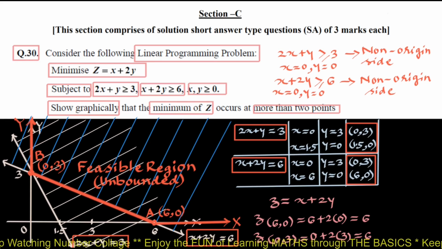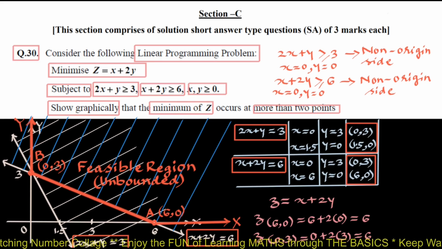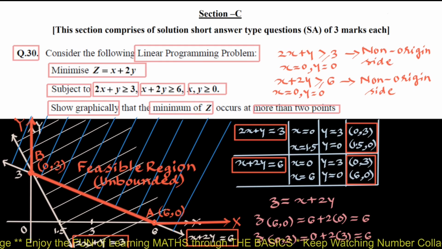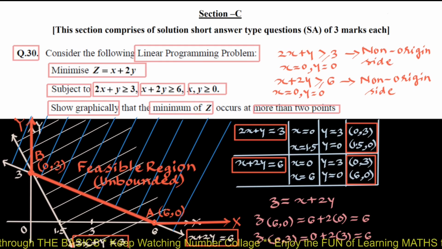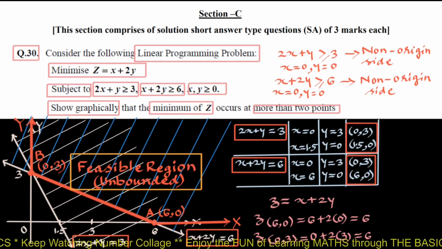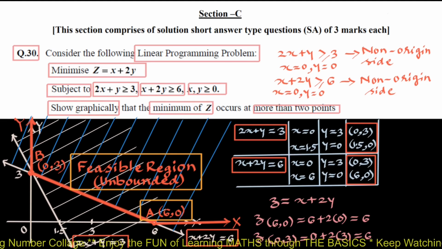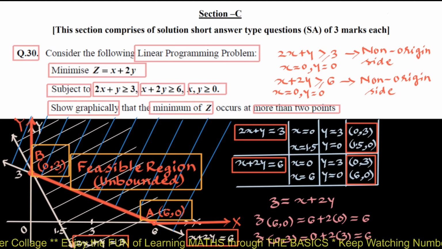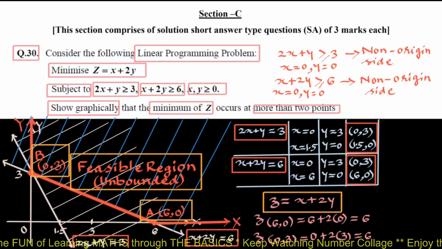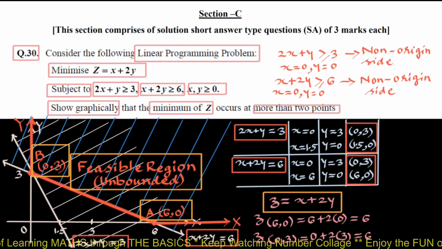Next, x and y both greater than or equal to 0 gives region in the first quadrant, and the common region, which is going to be the feasible region, is shown here, which is unbounded and whose corner points are A (6, 0) and B (0, 3), and we will check this objective function z equals x plus 2y at these corner points.